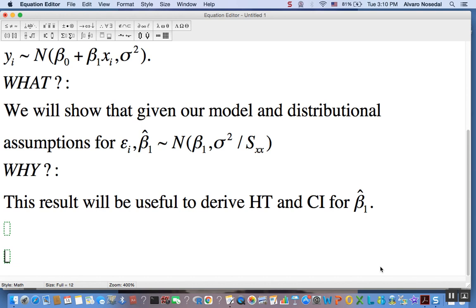Let's show this result. Our starting point will be the expression we already have for hat beta 1. We have already derived the least squares estimator of beta 1. Let me write it down.